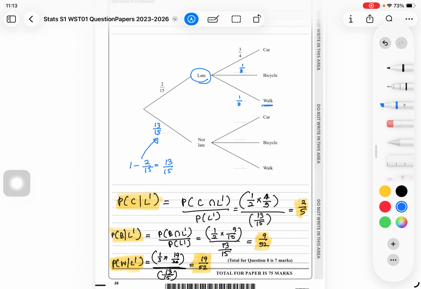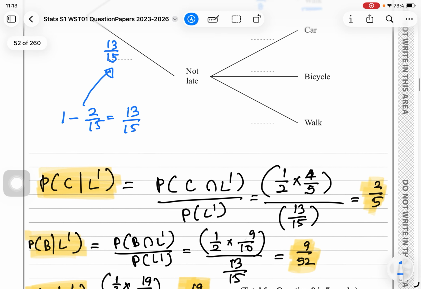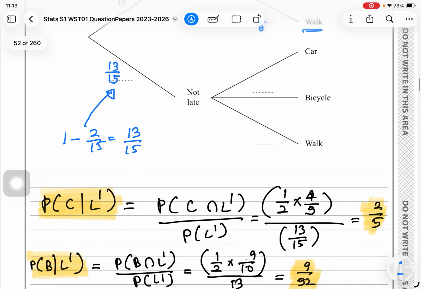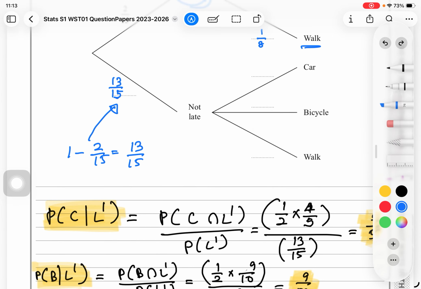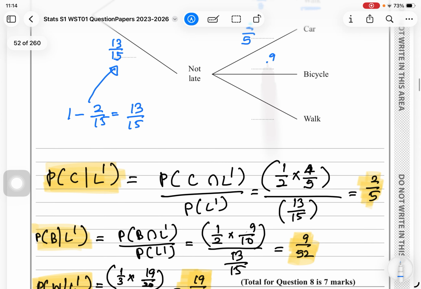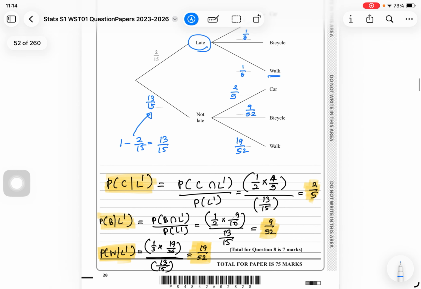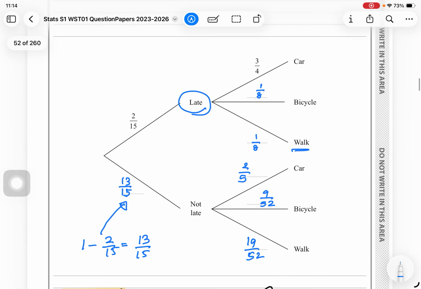Let me fill in the chart. The answers would be here: 2/5, then 9/52, then 19/52. Yeah, this is our full chart that we have. Thank you.